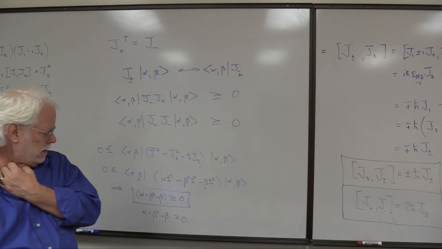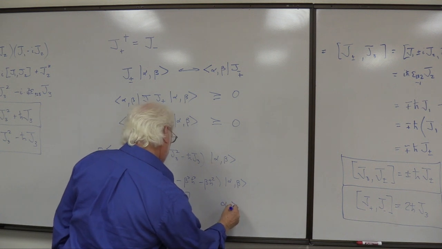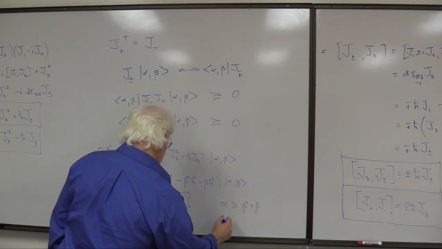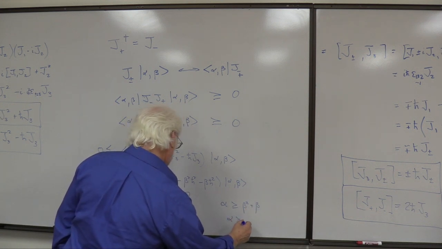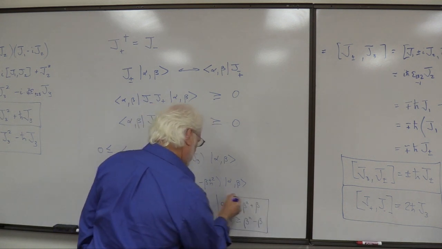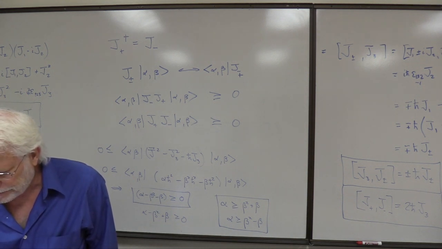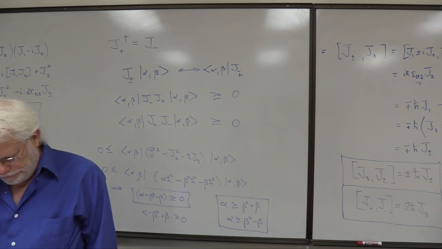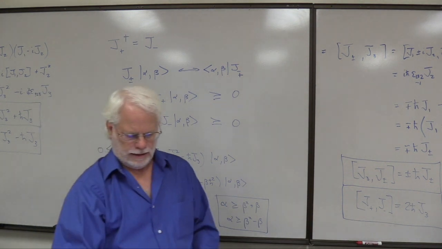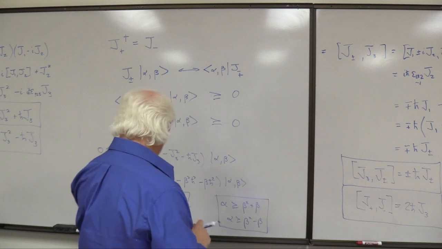Now, if we bring things to the other side, alpha has to be greater than or equal to beta squared plus beta, and alpha has to be greater than or equal to beta squared minus beta. Let me just check myself here. Yes, that's right. Now we're going to generate something like a contradiction with this.